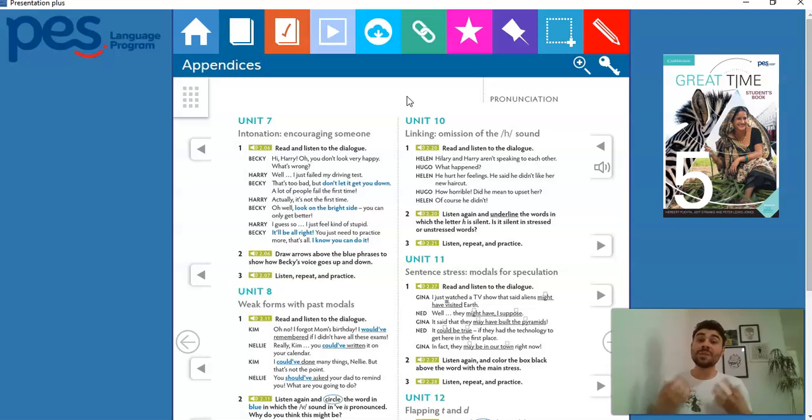What is the omission of a sound? It's when, in connected speech, when people are talking, there are usually some sounds that we don't pronounce as we think. Okay, the H sound is one of these types of sounds. H, as you know, is usually pronounced as H, right?